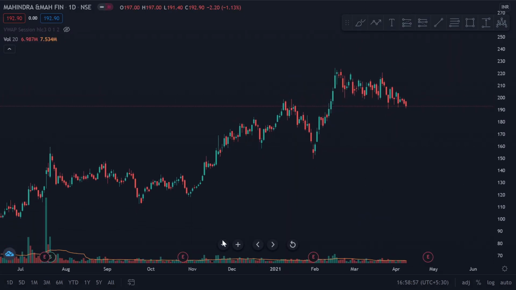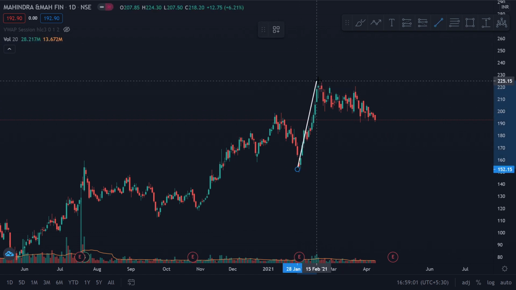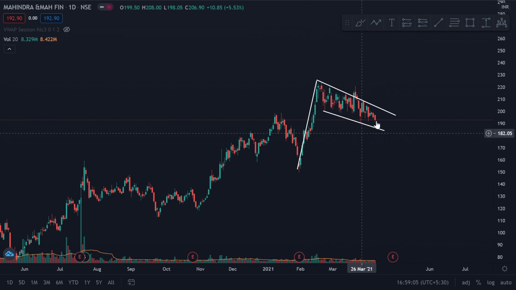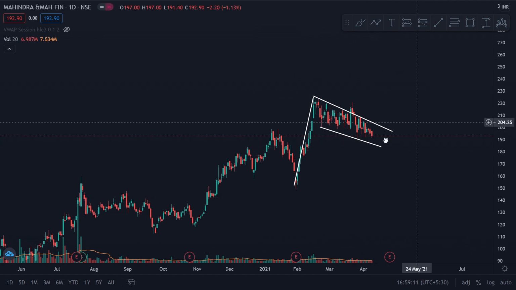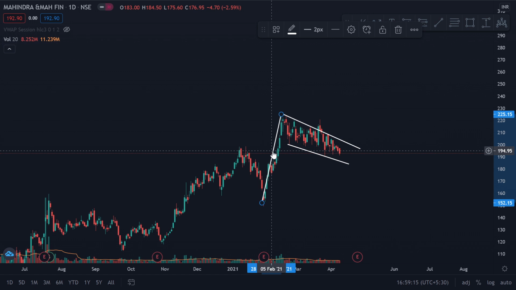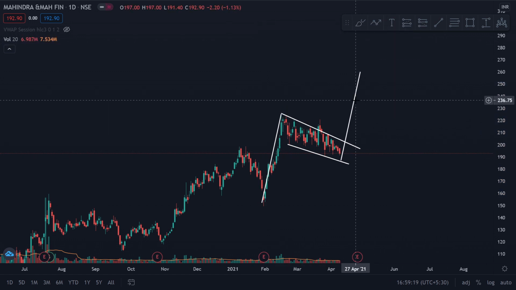So what can we see forming here right now? We saw a good rise, and then this is what price looks like. So this looks like a bull flag, right? This is the pole and this is the flag being formed. When the top is broken, we know that we can copy this and these can be our targets.